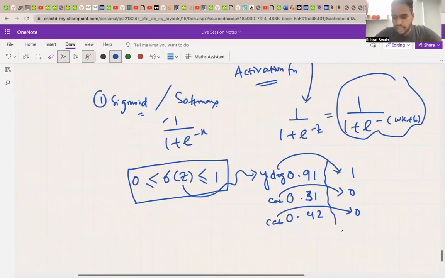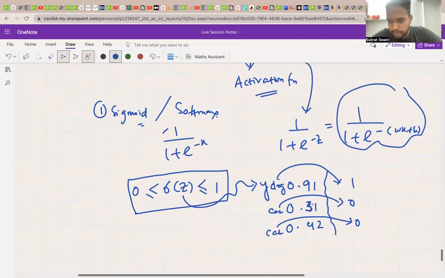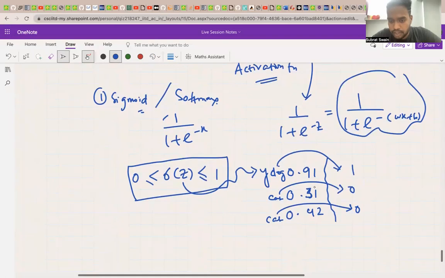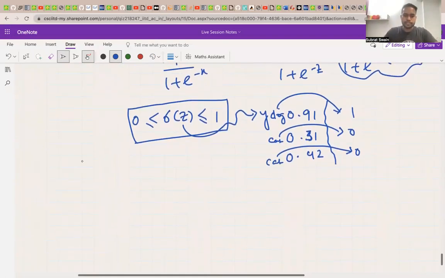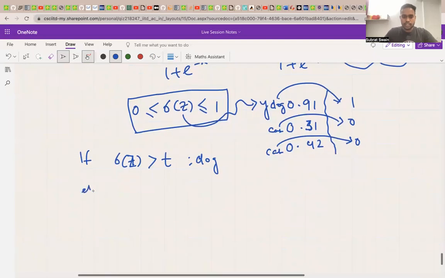So how do we plan this? How do we denote this as dog? One way is that we can say that if my sigma of z is greater than a threshold t, I can put it as dog, else cat.